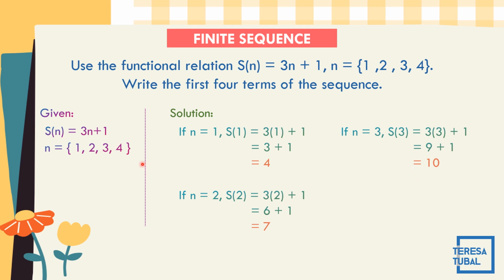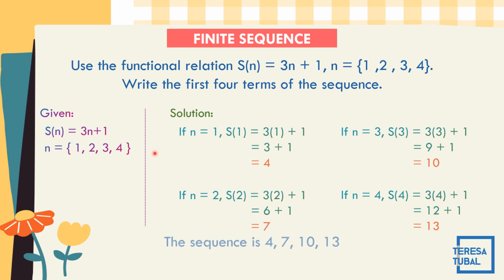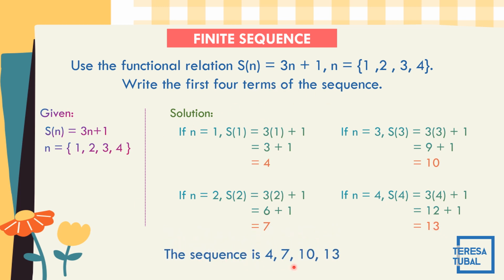If n is equal to 4, S of 4 is equal to 3 times 4 plus 1. 3 times 4 is 12, plus 1, the answer is 13. So the first four terms of the sequence are 4, 7, 10, and 13.